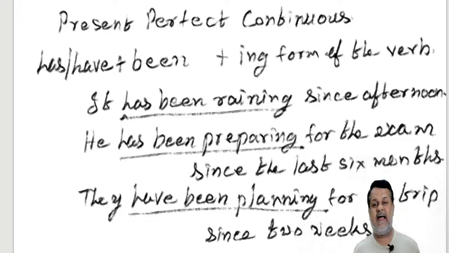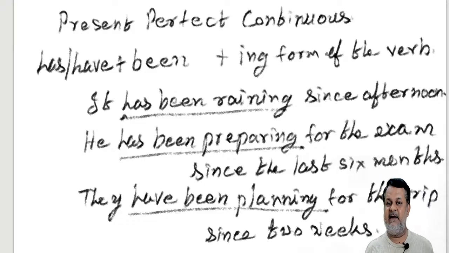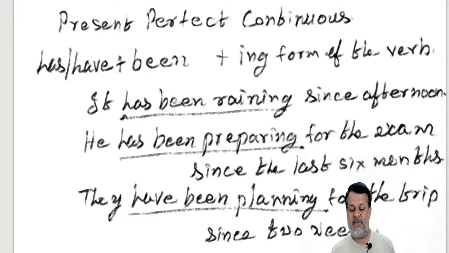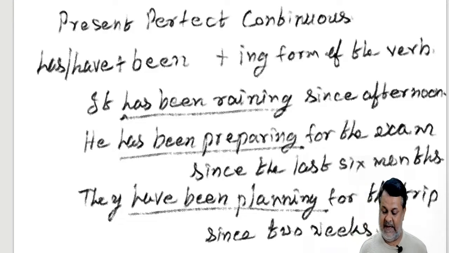So has, have plus been plus ing form of the verb, that becomes present perfect continuous. Again, explaining to you once again, present perfect continuous is something that started in the past, but it is still continuing now. The action is still going on. It has not ended.